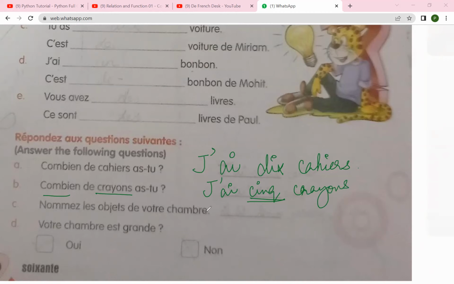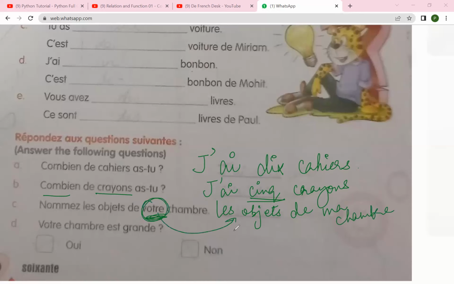Nommez les objets de votre chambre. So name the objects of your room. So I can write les objets. I take the sentence from the question itself. Les objets de, here votre becomes ma. So les objets de ma chambre. So the question asks name objects of your room.